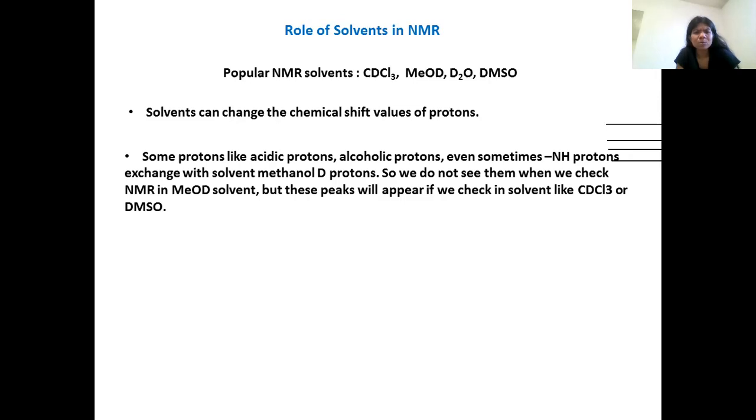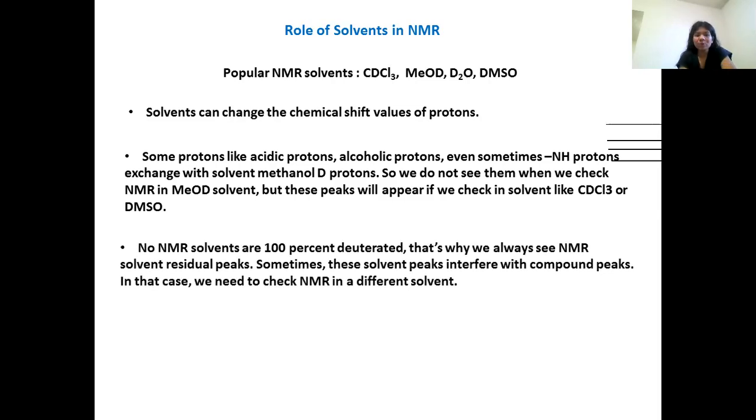So suppose you are checking a structure with a carboxylic acid in methanol, you may not see that carboxylic acid peak in the NMR because it exchanges with the solvent methanol D protons, so that peak will not be visible. But if you check the same NMR in CDCl3 or DMSO, you will be able to see that carboxylic acid proton.